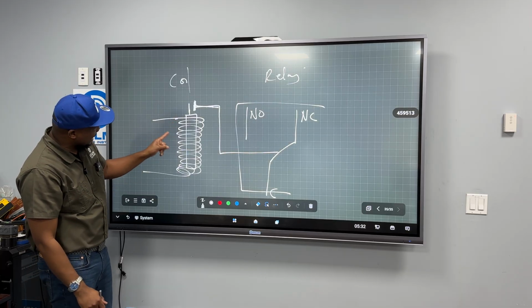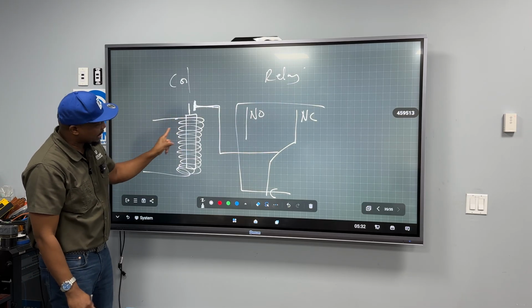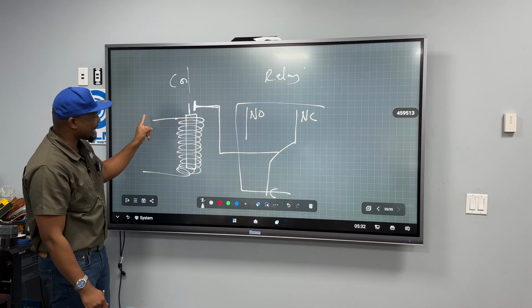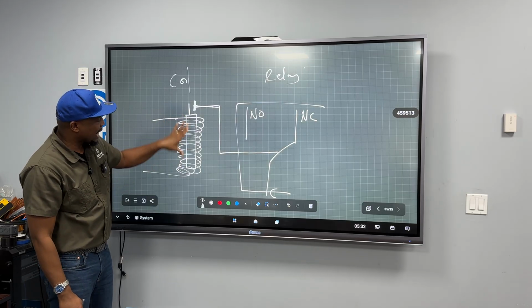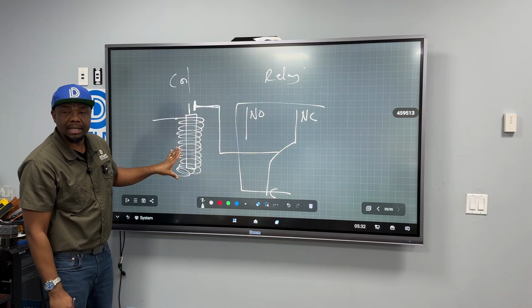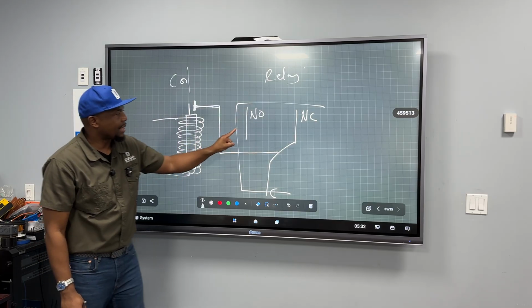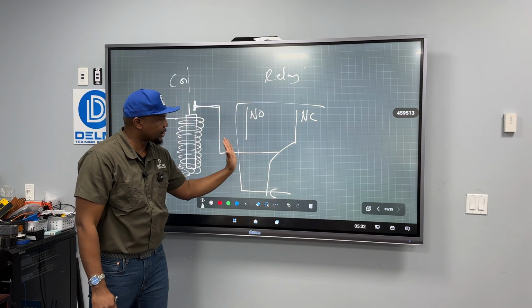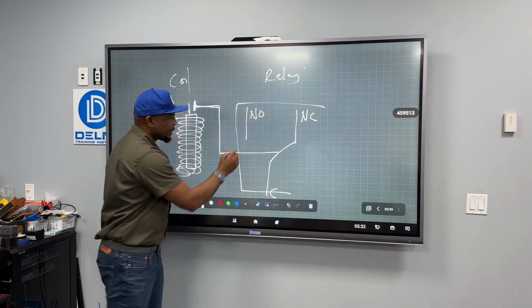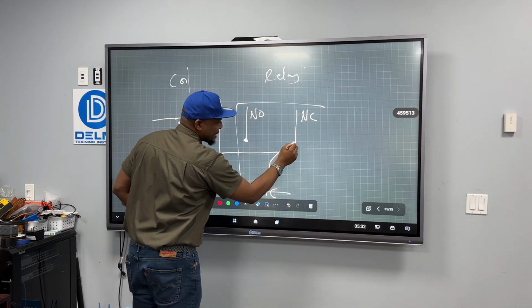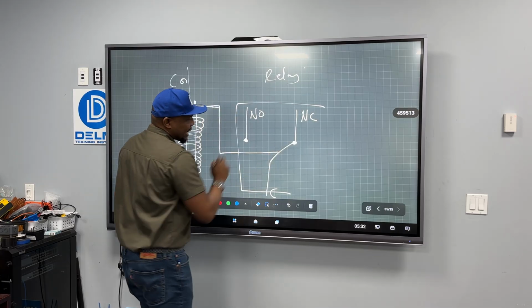Remember I told you that if I have a soft iron and I run a coil around it and send electricity through it, this becomes a temporal magnet. And it's able to switch the pole between the two throws. So this is one terminal here, and this is another terminal.